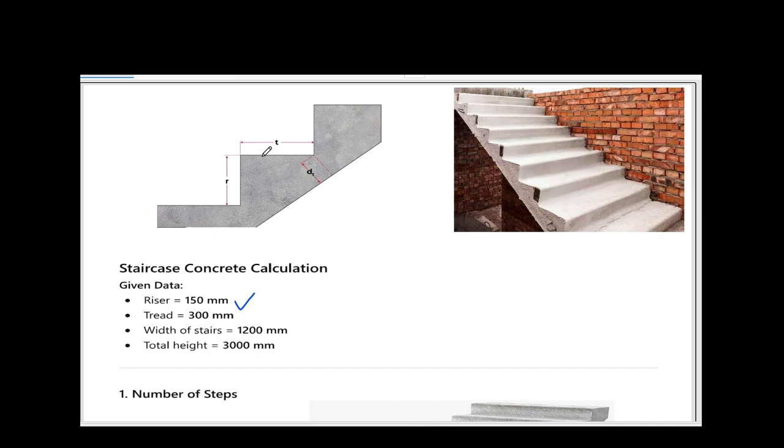That means generally the numerical value of the trade is more than the riser. And suppose the width of this trade is given as 1200.